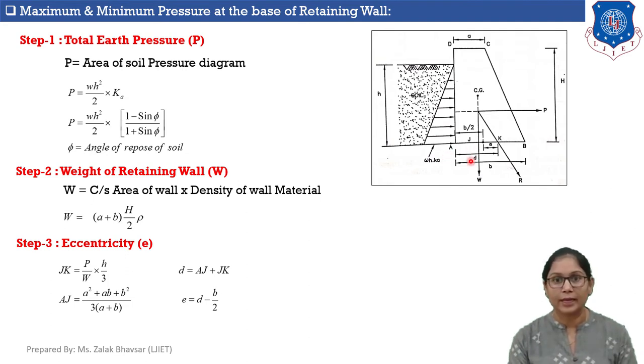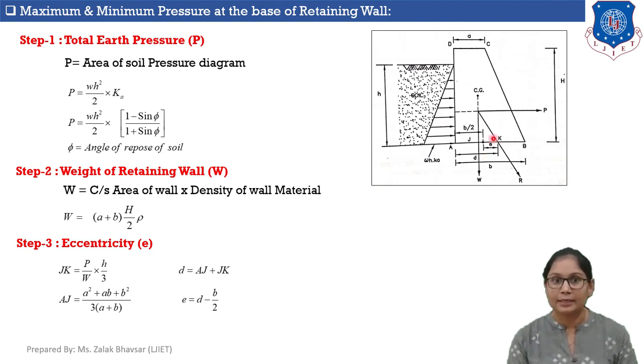Now we need to calculate small d and here is the equation to calculate small d. Small d is the distance between point A to K. So we can calculate d by adding AJ plus JK. So d is equal to AJ plus JK.